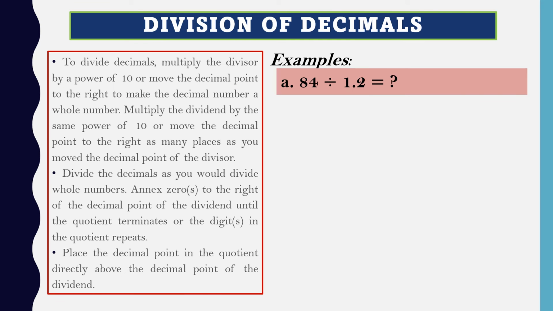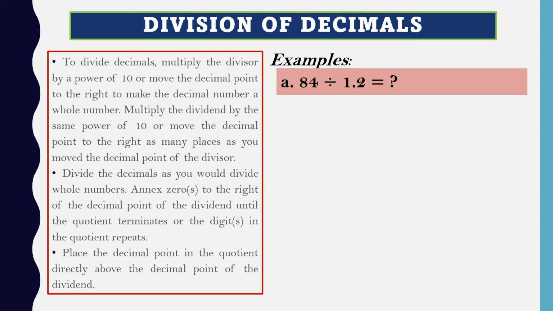This time we are going to divide decimals. Here are the steps that we need to follow. To divide decimals, multiply the divisor by a power of 10 or move the decimal point to the right to make the decimal number a whole number. Multiply the dividend by the same power of 10 or move the decimal point to the right as many places as you moved the decimal point of the divisor.